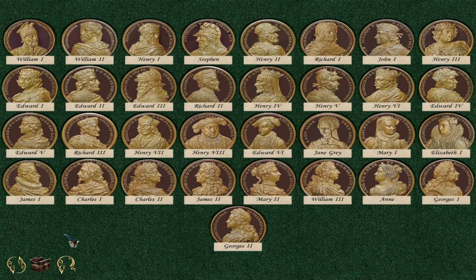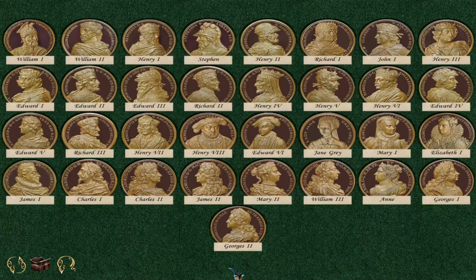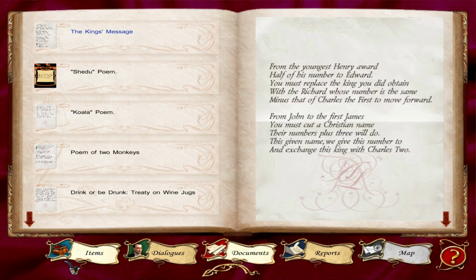All right, so I guess we have to probably do this in an order, right? So from the youngest Henry, half of his number to Edward? All right, youngest would mean that they are the latest in the line, right?